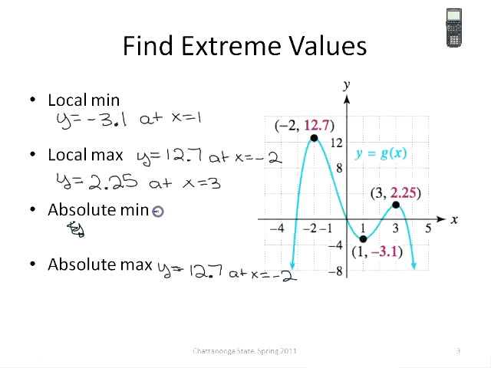Now this graph does not have any absolute minimums because the endpoints each keep going down forever. If I didn't have this portion, let's say my graph ended right here, and I didn't have any of this right here, then the lowest point would be at an end point.